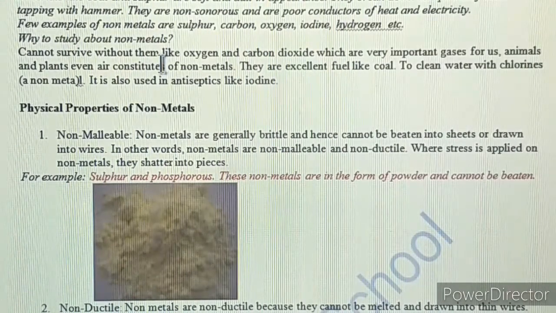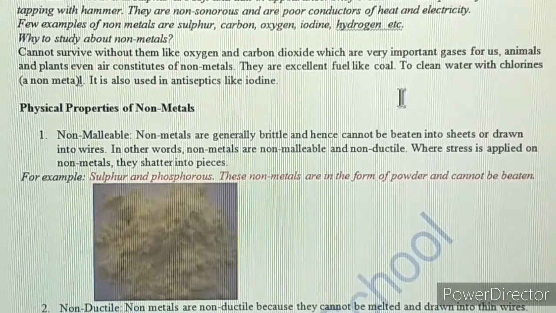In prehistoric period, only carbon was discovered. Out of 118 elements in the periodic table, total 92 are metals and non-metals, and out of 92, 22 are non-metals and 70 are metals.